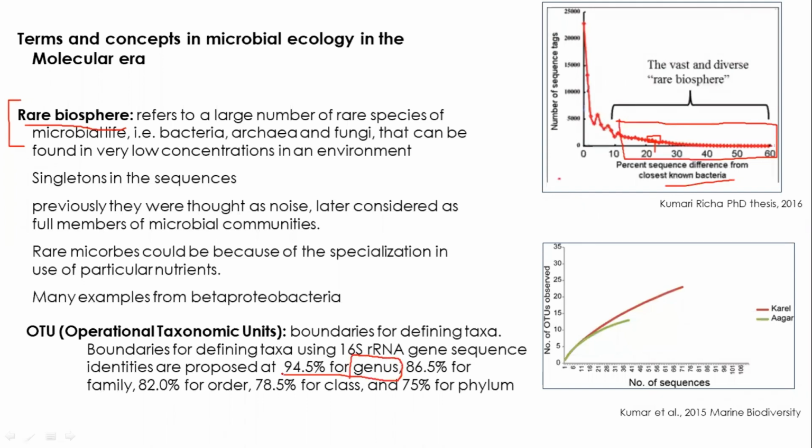If it is more than 95%, 97% similarity, then it is the same species. If it is 86% similar, then it can be the same family. If it is 82% similar, it can be the same order, right? Likewise, if it is more than 75% sequence similarity, all of those bacteria can be called as coming under one phylum.